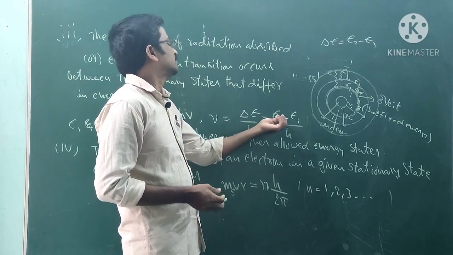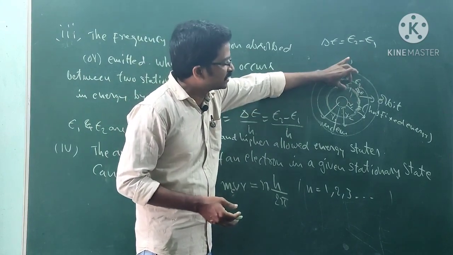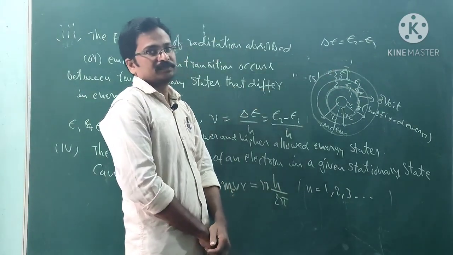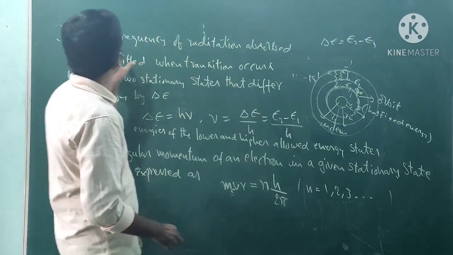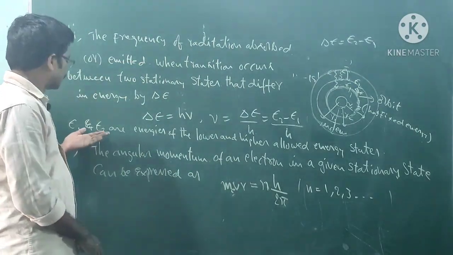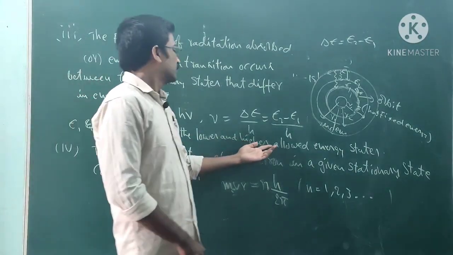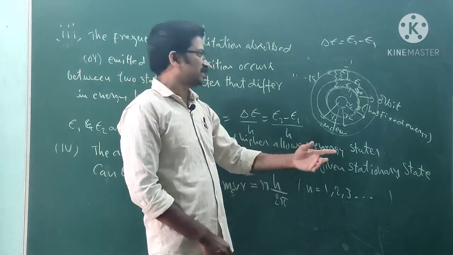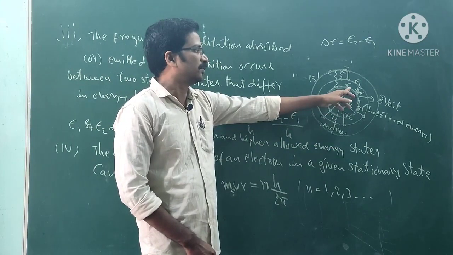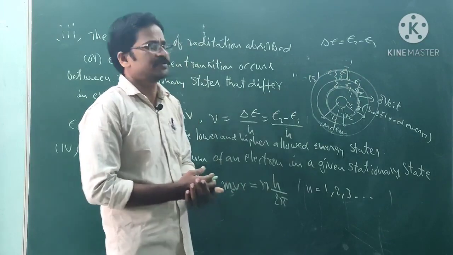Del E means E2 minus E1, the energy difference between these two levels. That is the point mentioned in the third point. Next, E1 and E2 are energies of the lower and higher allowed energy states. This is the lower energy, and this one is the higher energy of allowed states.